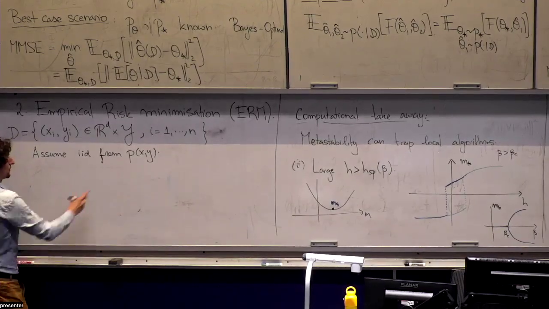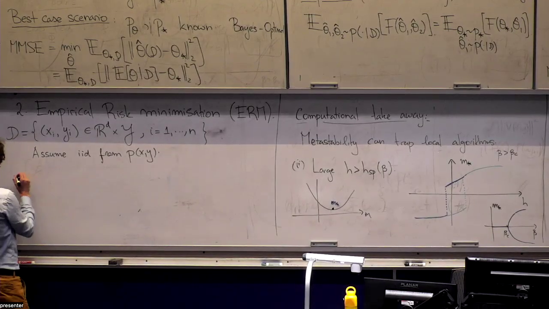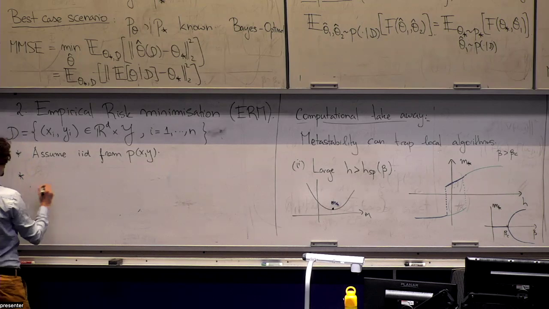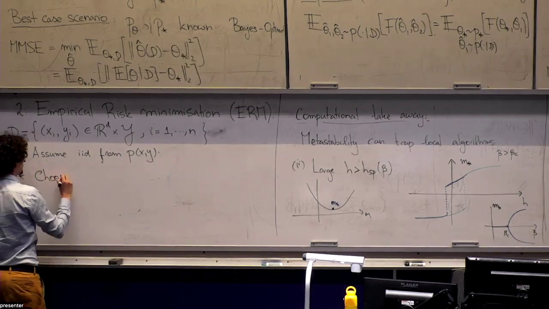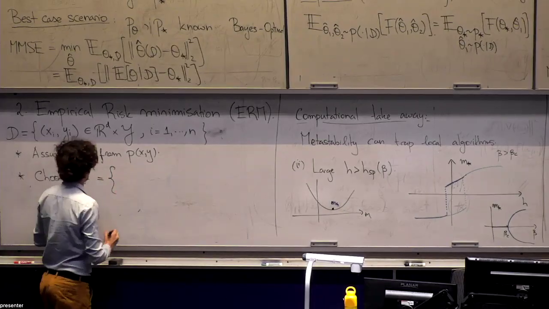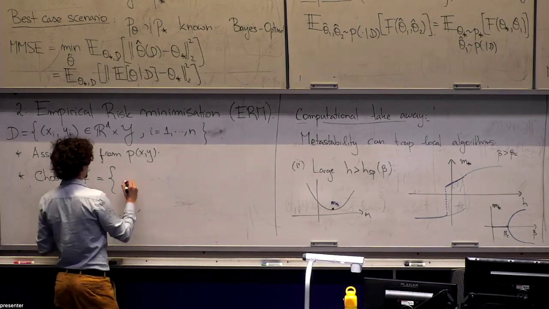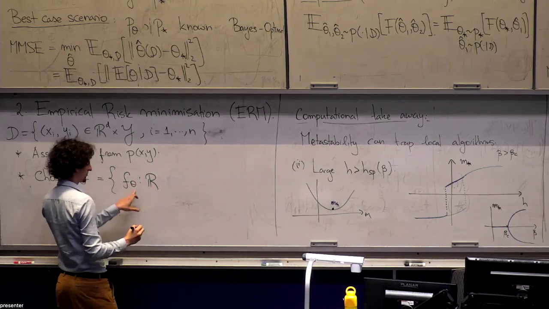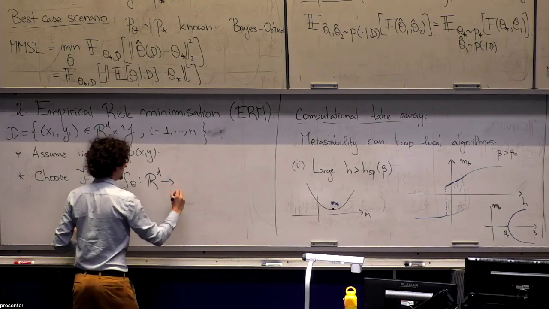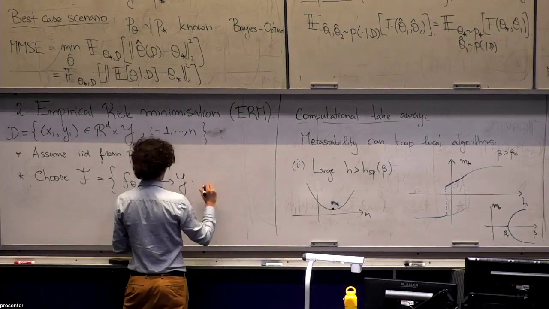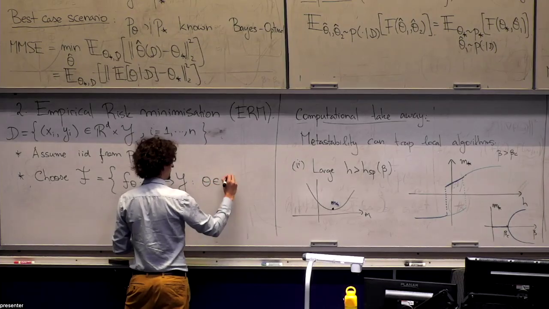So that's one thing. Then you choose a hypothesis class, a class of functions, trying to be consistent here in notation with Matus. So let's say a class of functions f_theta, typically parametric, so it depends on some parameter theta in R^d, mapping to your predictions, such that theta is in some parameter space.